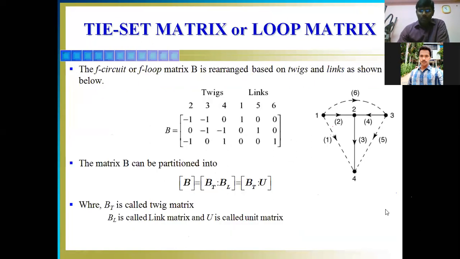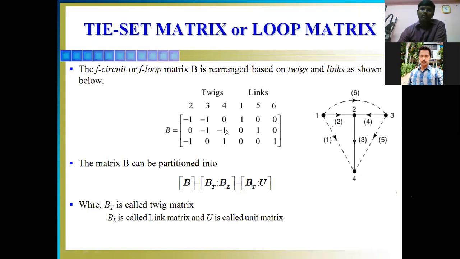So here also, if you separate the twigs and links, 2, 3, 4 are the twigs, and 1, 5, 6 are the links. So this matrix B can be partitioned into BT and BL, the twig matrix and link matrix, where U is a unit matrix.